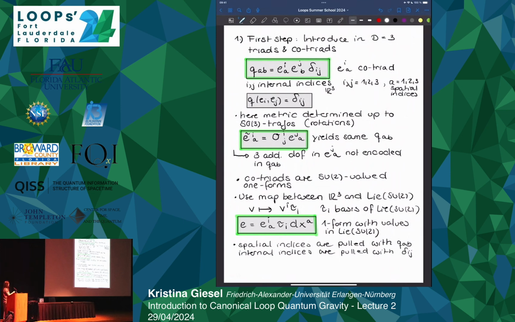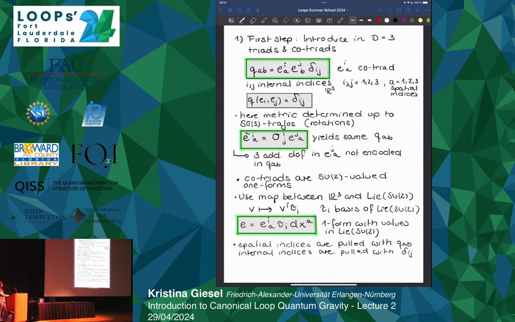Now, here we have rotations, so SO(3). But if we write this object here, e = e^i_a, it's expanded in terms of a Lie algebra element tau_i, and then contracted with dx^a, so it's a Lie algebra valued 1-form.